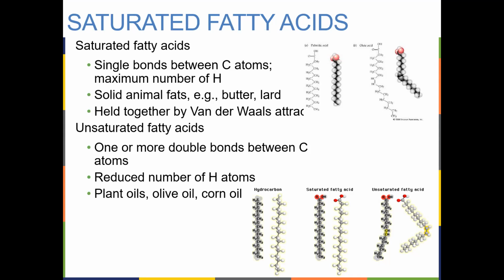They're all pretty much the same. They're going to be low in saturated fats and high in unsaturated fats because of these double bonds in their chains. Plant fats are oils because they all have double bonds in there.